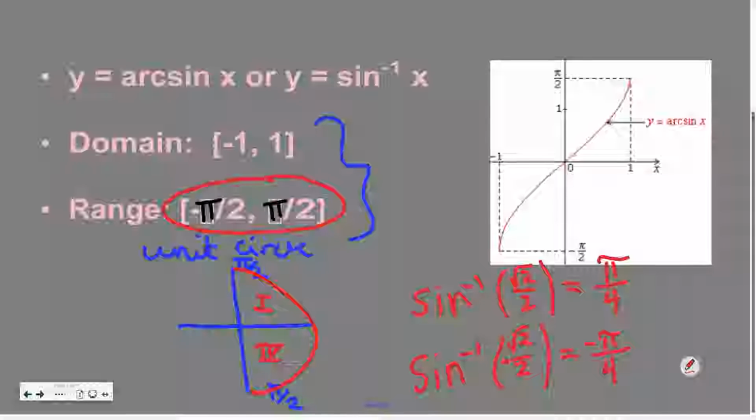So your answer here was pi over 4, negative radical 2 over 2, negative pi over 4. It actually makes it easier. It's always going to be that acute angle. We'll do more examples, don't you worry.